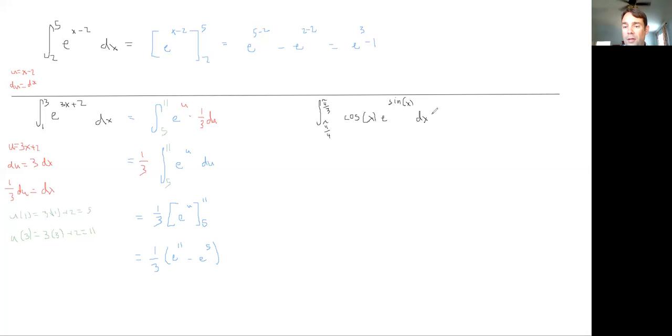All right, and on this one, I would have started off, I would have separated it. Pi over 4, pi over 3. And I would have moved that cosine x to the very back.